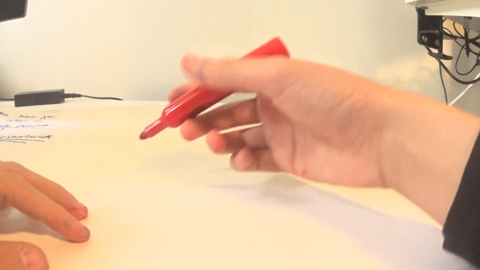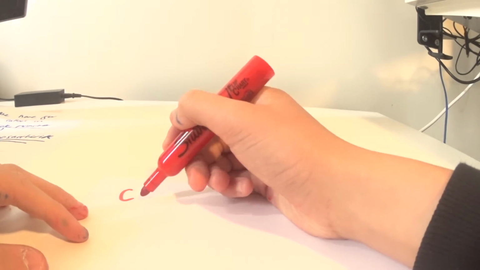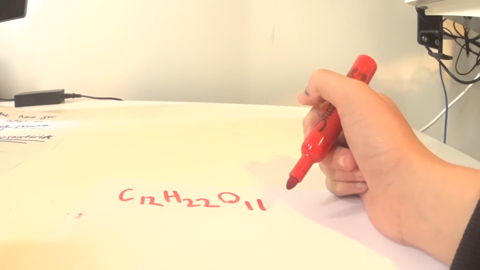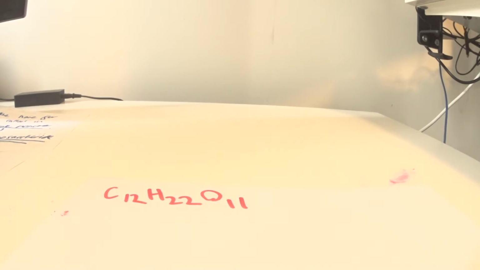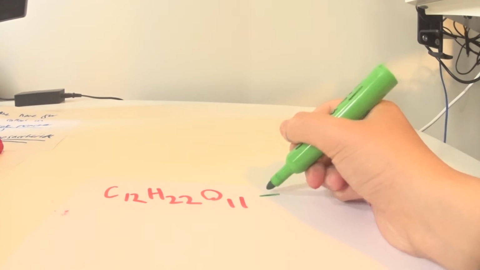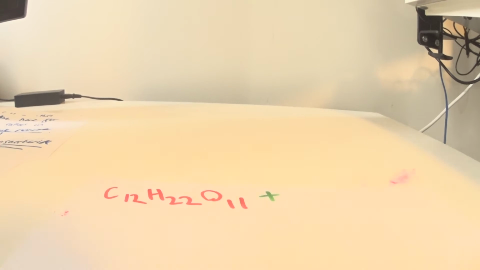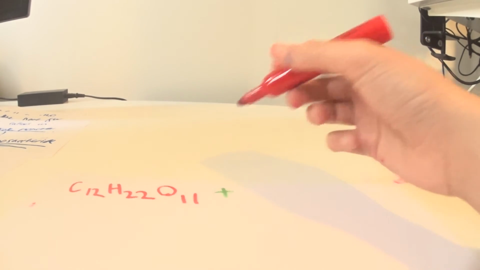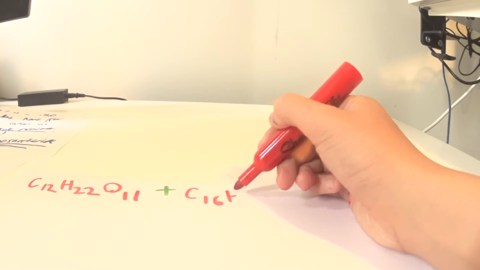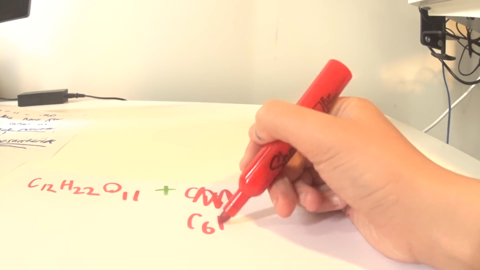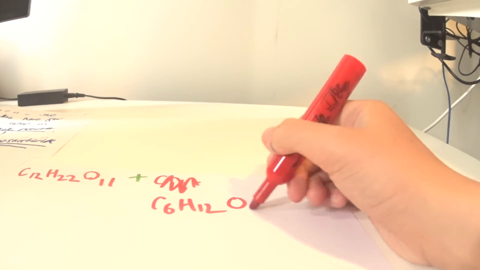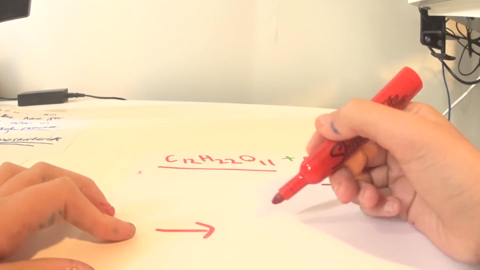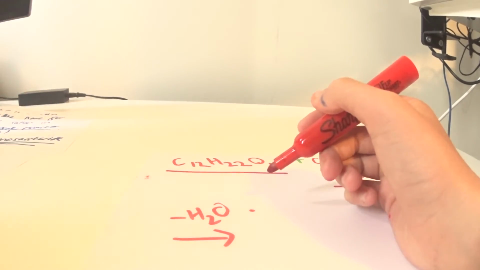Now I'm going to do a similar one, but I'm going to use saccharose, or your table sugar. We're going to add a glucose to it. So we've got the saccharose, adding the glucose. We're taking away H2O. What are we going to end up with?